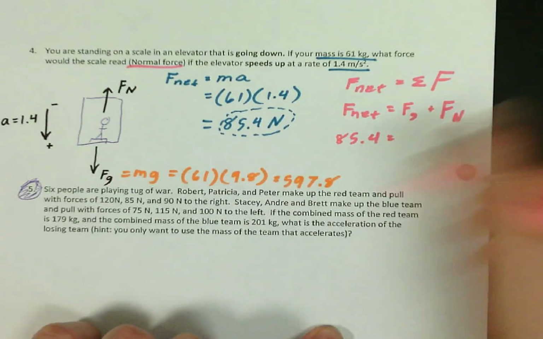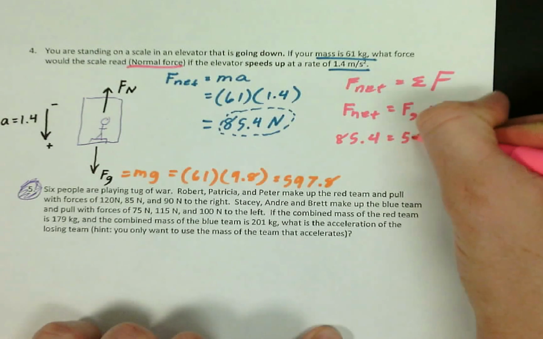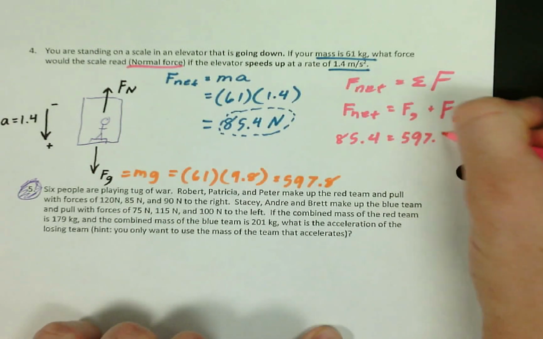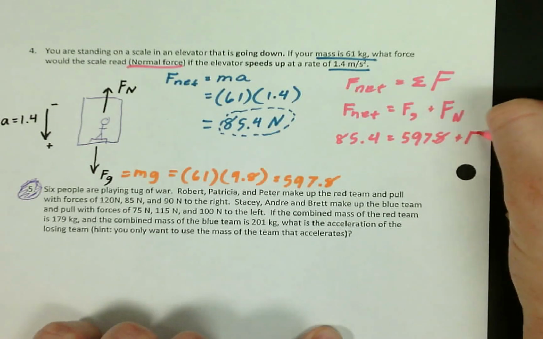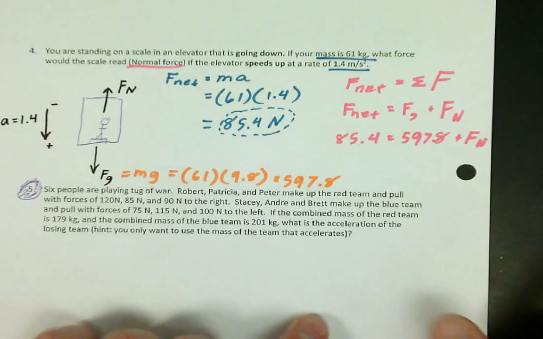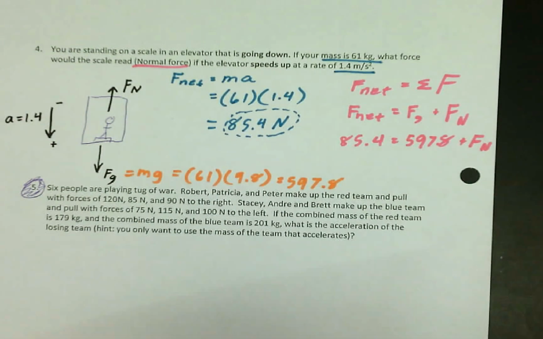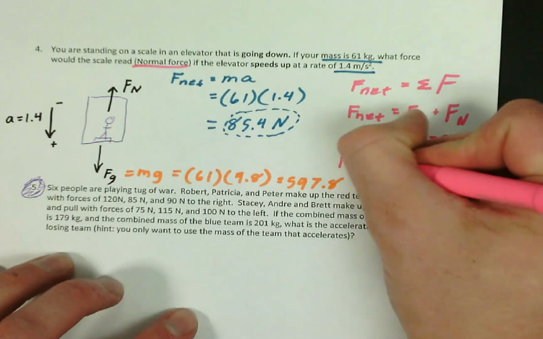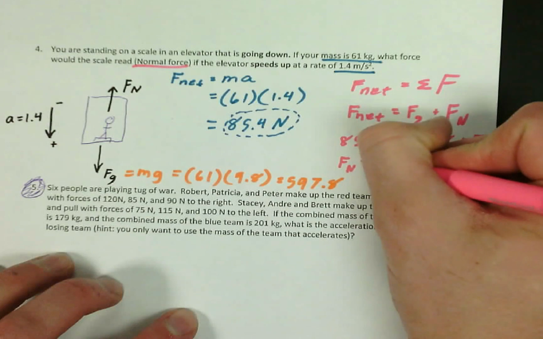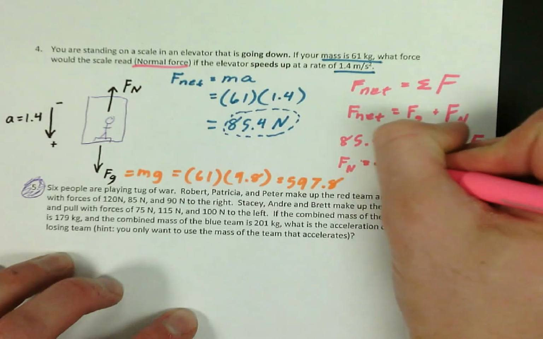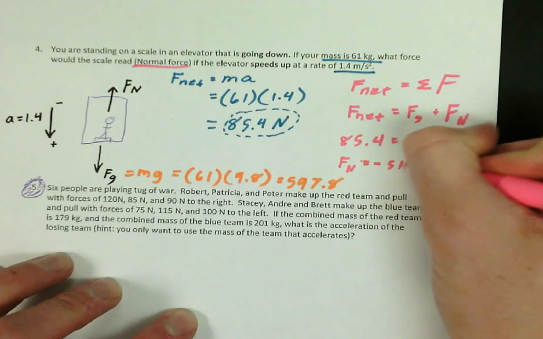Okay, so 597.8, that becomes Fg, plus normal, which is what I'm solving for. So all I have to do is subtract the 597.8 to the other side. When I do that, I get a normal force to be negative 512.4.